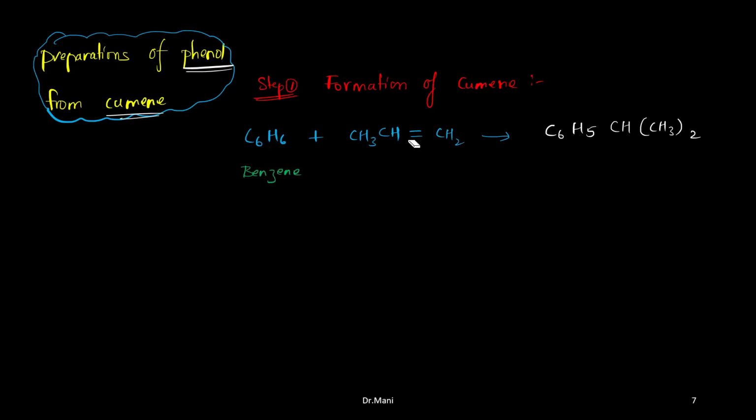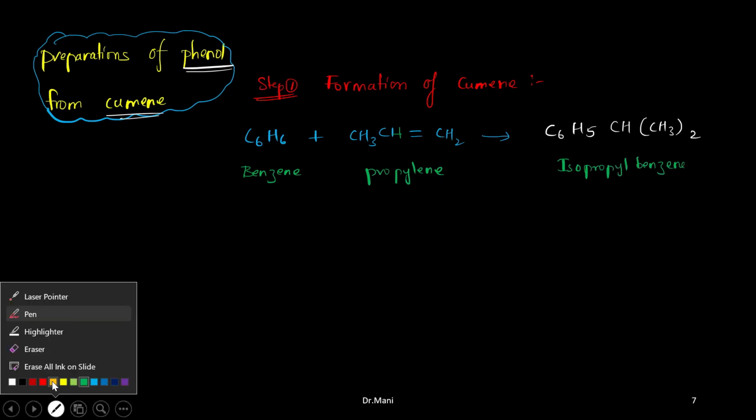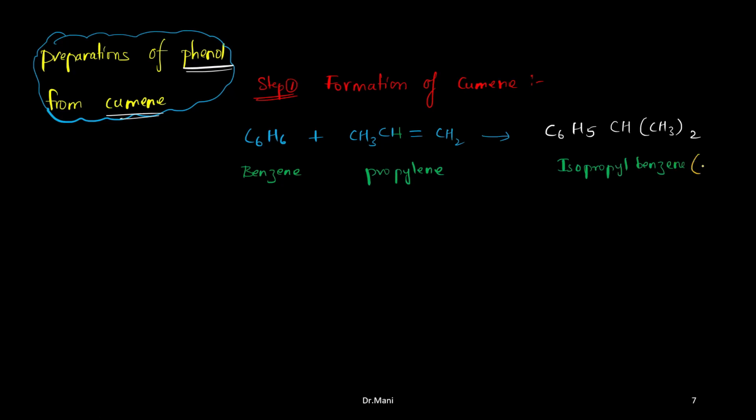Sharon, tell me what is this? Okay. When you treat benzene with propylene, it gives isopropyl benzene. This isopropyl benzene is called cumene. Remember, this is also called cumene.